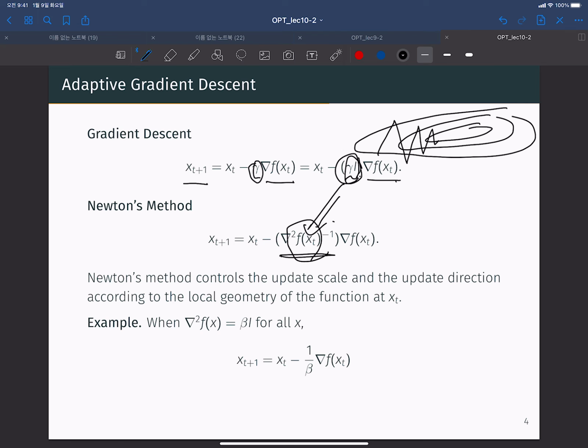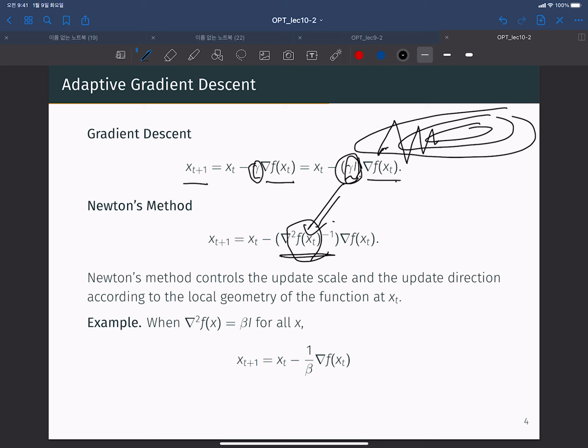If we use a very tiny step size, then we can escape the zigzag behavior, but the convergence is very, very slow because our update is too tiny, right?